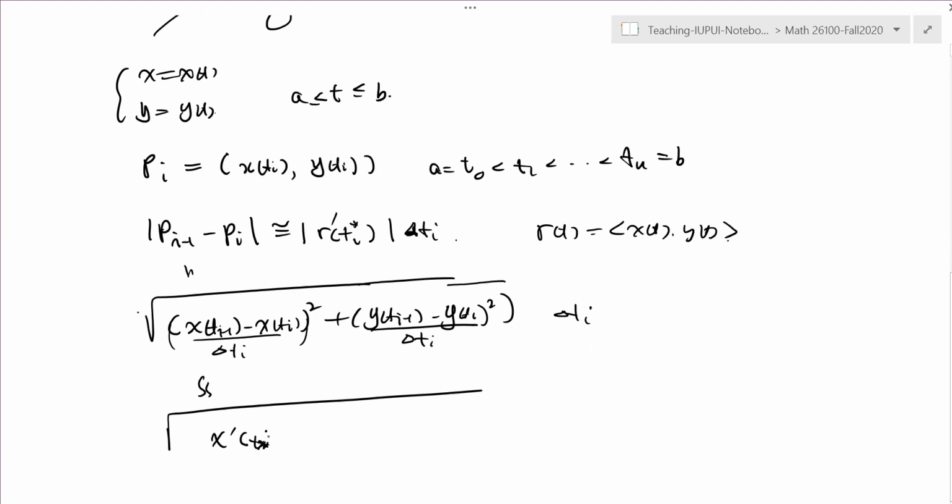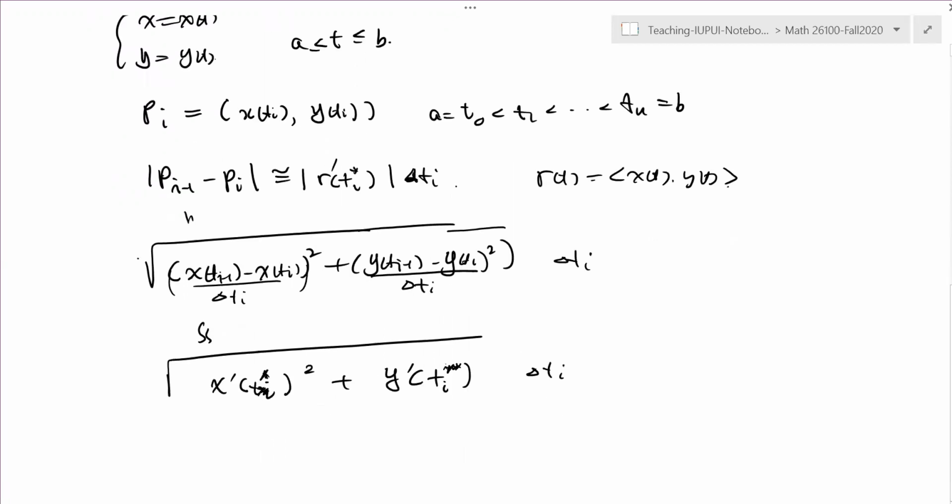Approximated by the mean value theorem, this is almost equal to r(ti star) squared, times y prime at some point ti double star. Now that's a slightly different number; it's not necessarily the same ti star. So you have a double star, but that's okay, because this is an arbitrary point, so you can take an arbitrary point ti star.